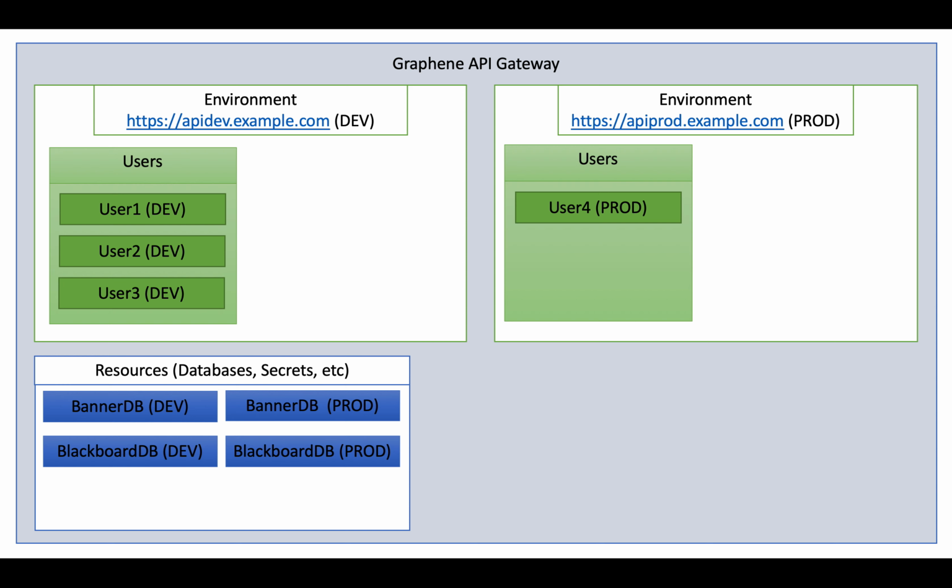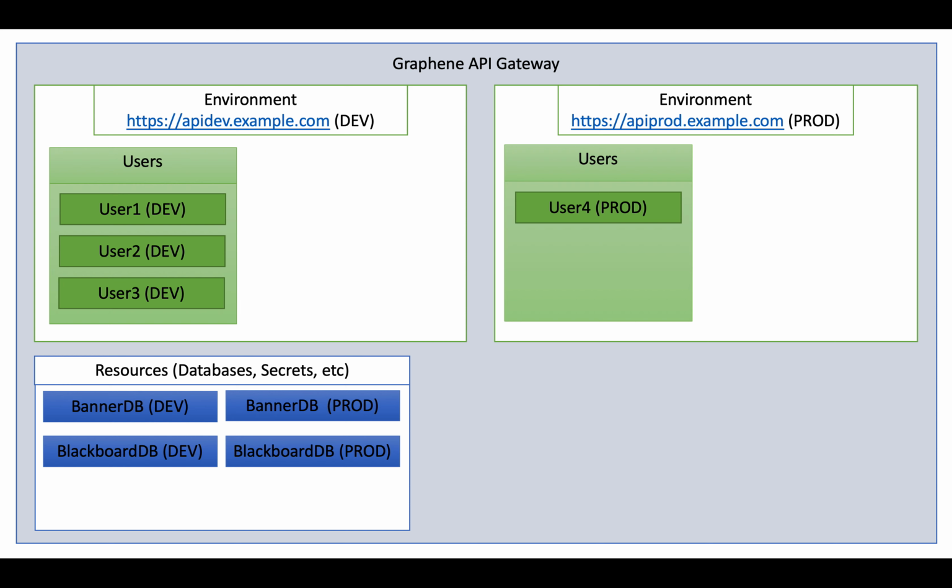Okay, so the next thing that we're going to do is start instantiating resources. And resources can be databases, they can be secrets, they can be any number of different types of things, but they live outside of the environments themselves. Although you'll notice that they also carry with them that tag of whether they're dev or test or prod. So when we instantiate an API, and I'll do that in a second, we can only map development resources in a development environment.